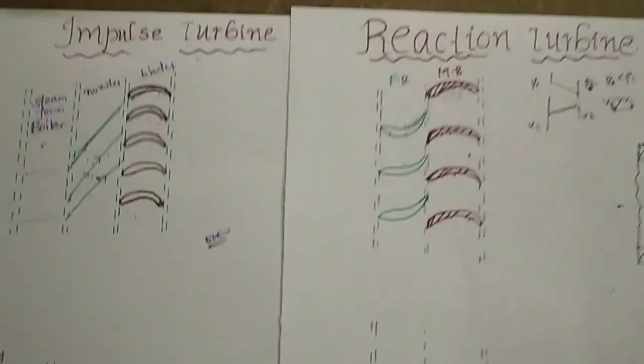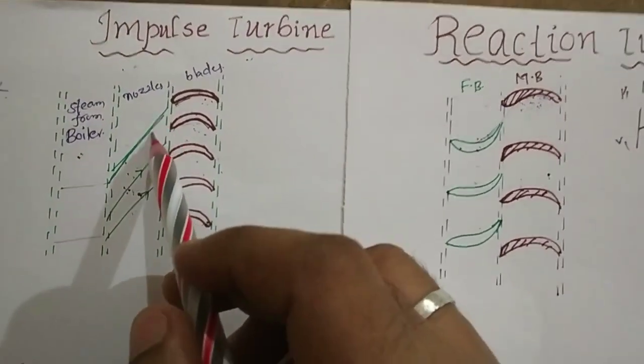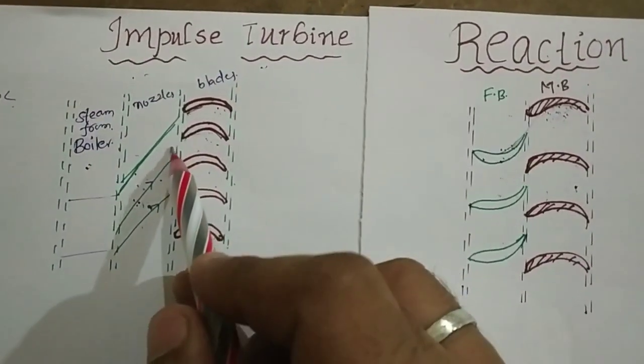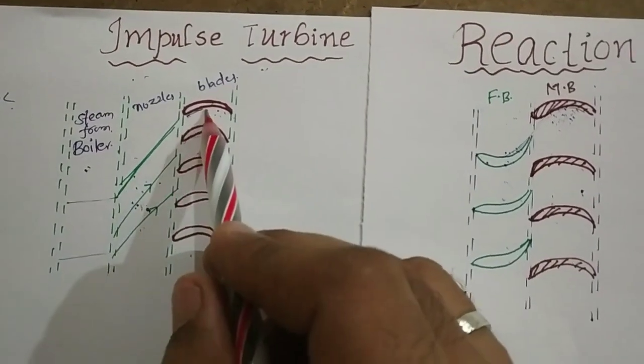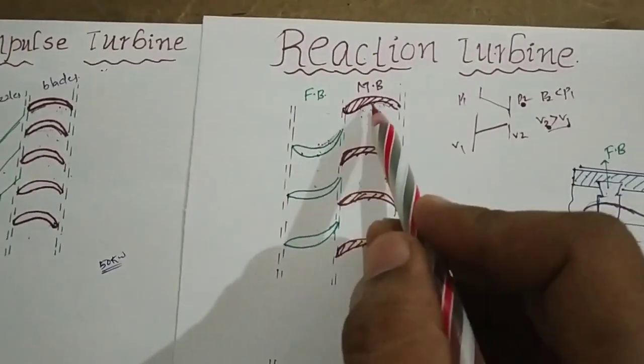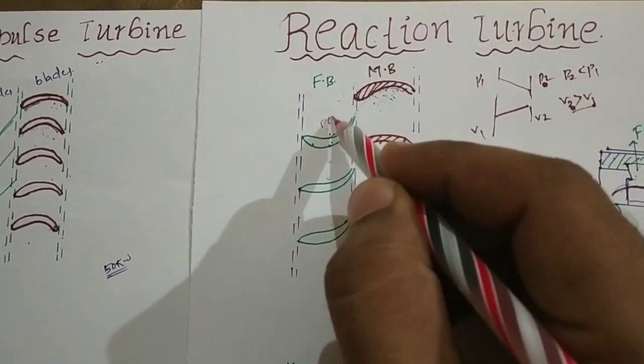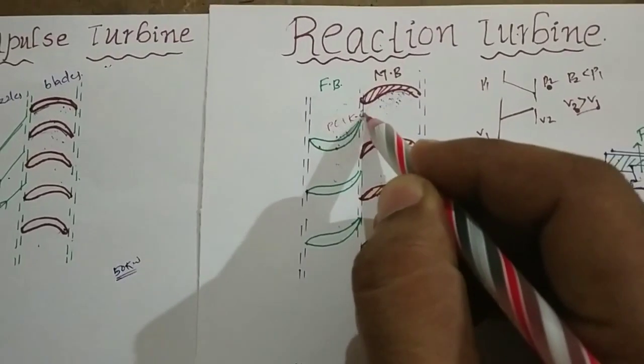Next one is, here the steam strikes the blades because of only kinetic energy. Okay, here the steam is striking the blades only because of the kinetic energy, but here the steam strikes the moving blades with both potential energy and kinetic energy.